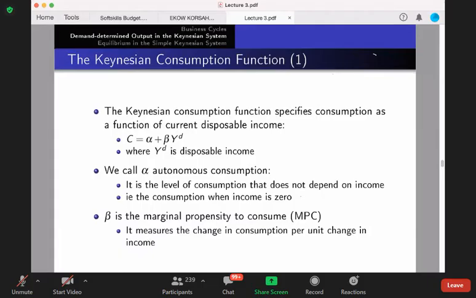So any level of consumption that does not depend on income is your autonomous consumption. It's difficult to give an example, but it is anything you consume when you don't have an income. So it's something like a free good sort of, that you are not spending your income on.